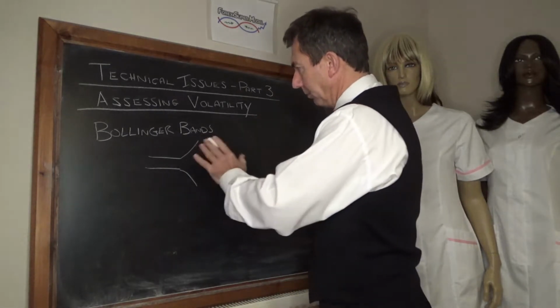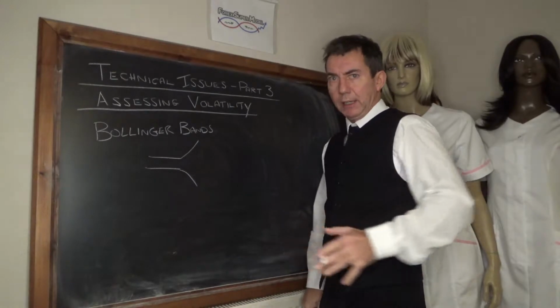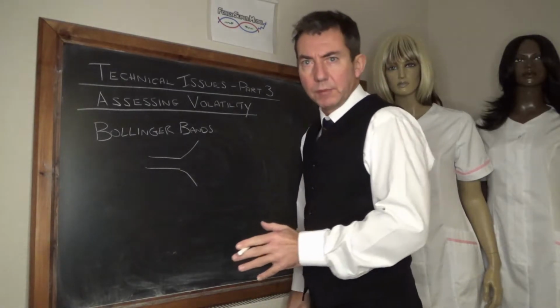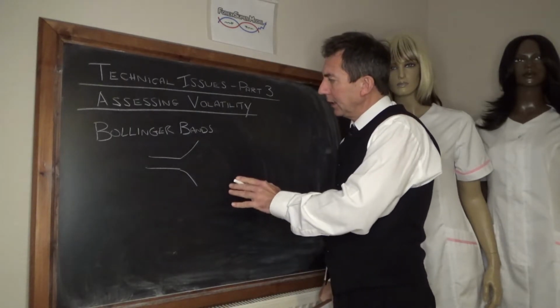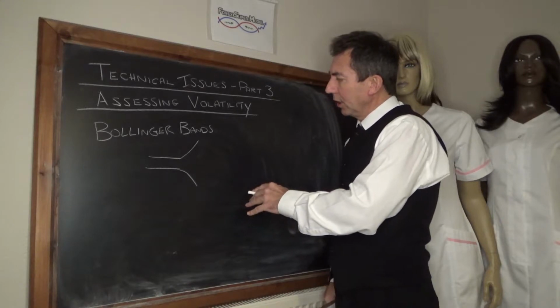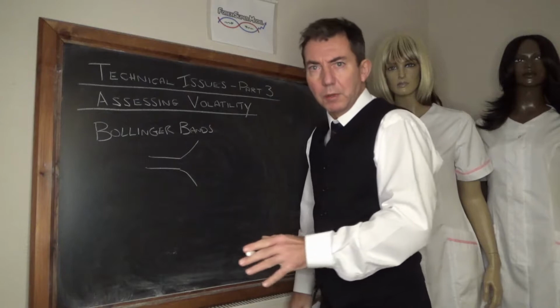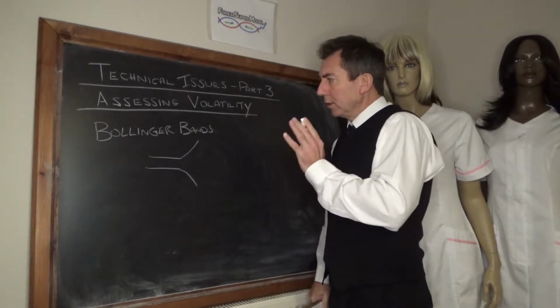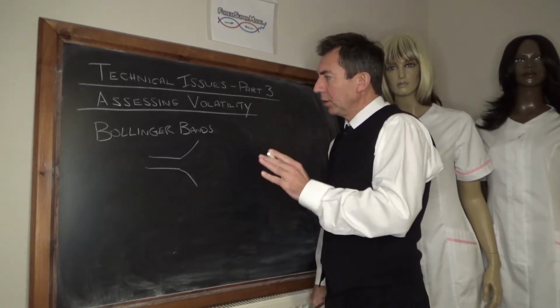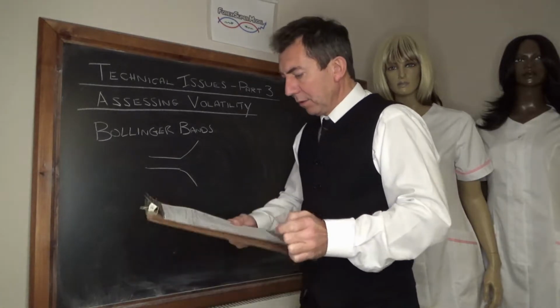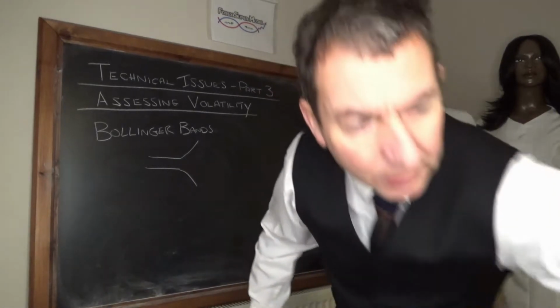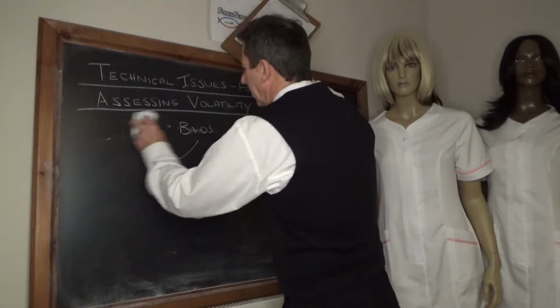So that's Bollinger Bands. They're a dynamic support and resistance type indicator. It's a variation on the theme of moving averages.